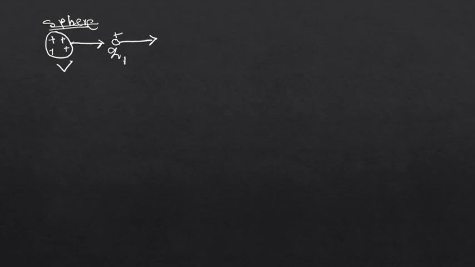To understand this concept very well, suppose we have different test charges. Let's name this test charge as test charge A, this one as test charge B, and this one as C.